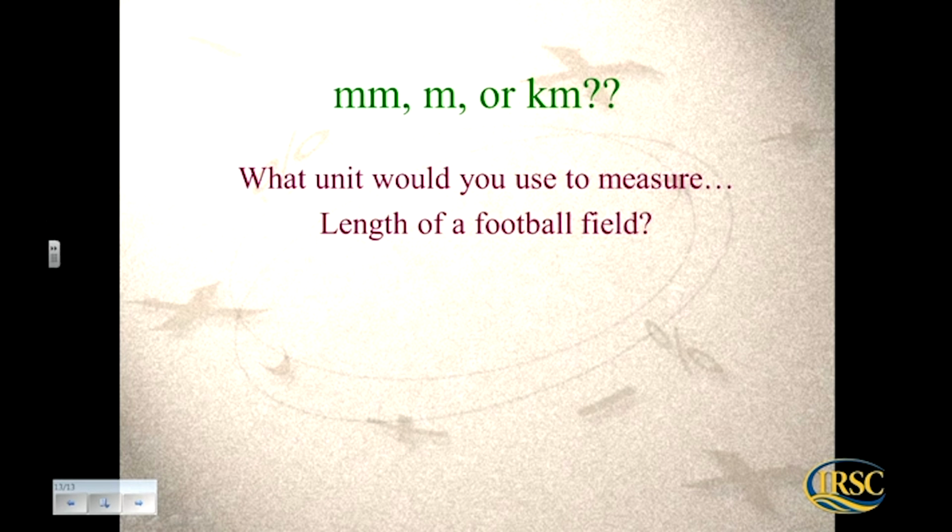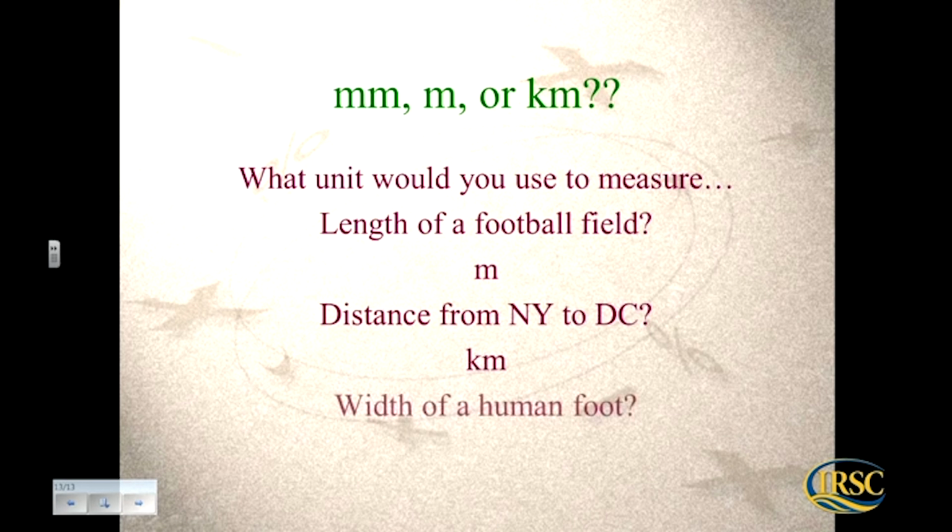So yards wasn't a choice because we're looking at the metric system, but we would typically use yards, and meters is the closest thing to yards. Okay, so how about the distance from New York to DC? Okay, kilometers. And then the width of a human foot? Millimeters.